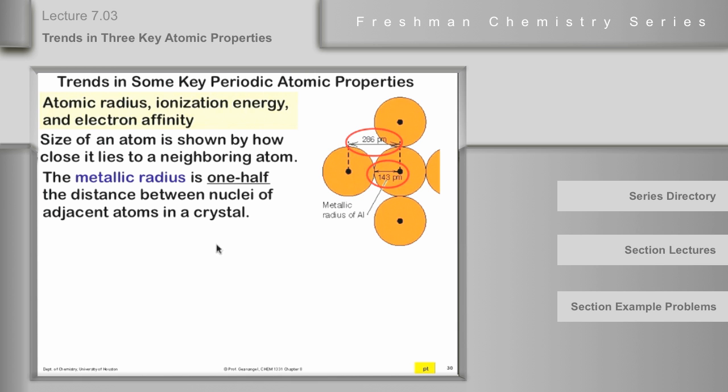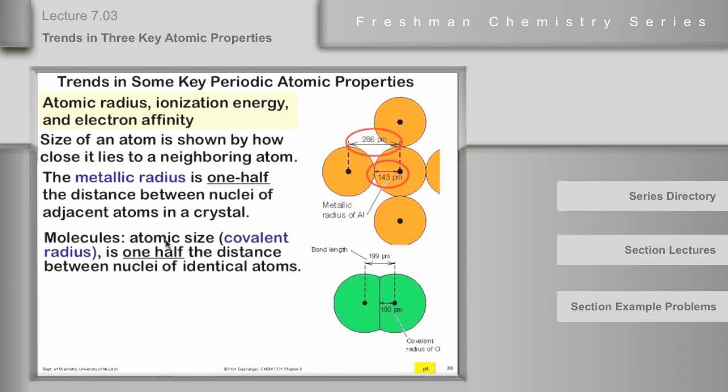So that allows us to determine the radii of metals. Of course, over 2/3 of the elements in the periodic table are metals, so that takes care of a bunch. What about the other ones? Well, the other ones have to be handled one by one. If we look at diatomic molecules, like dichlorine, those can be handled pretty straightforwardly.